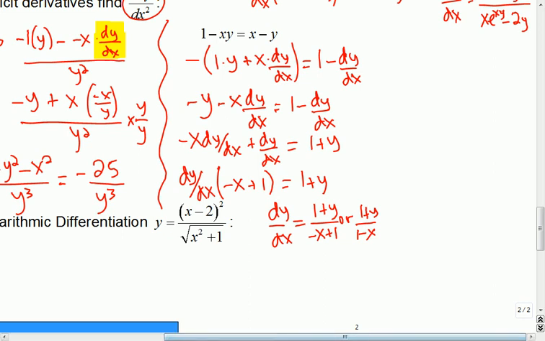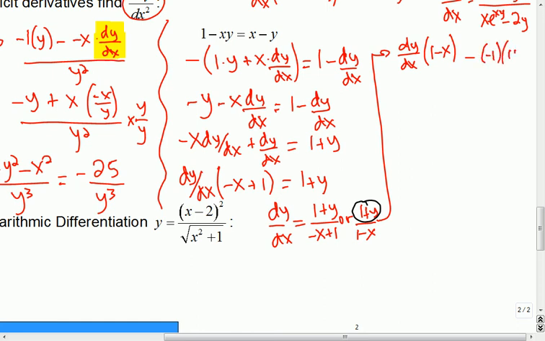So it'll be the derivative of the top, which only has the derivative dy/dx, and the derivative of the bottom will be negative 1. So it'll be negative 1 times 1 plus y, all over the bottom squared, so 1 minus x all squared.